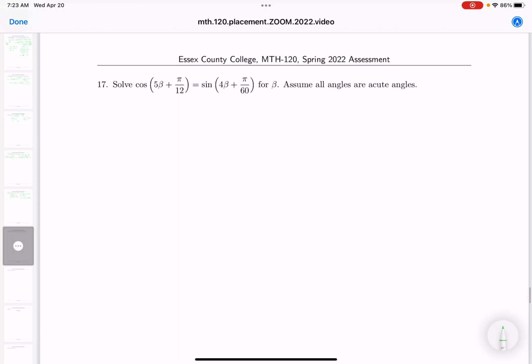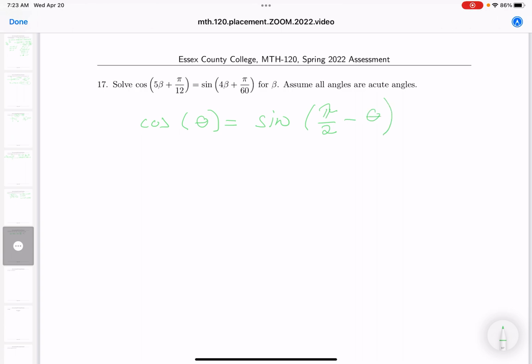Number 17 for a lot of students is tricky, all right? And this has to do with the beginning of the course where we talked about cofunction identities. So let me write this one down for you. The cosine, let's see, we did cofunction identities, right? The cosine of theta is the same thing as the sine of pi over 2 minus theta.